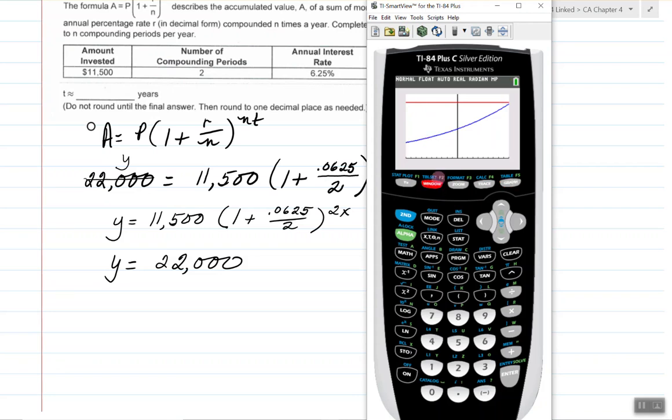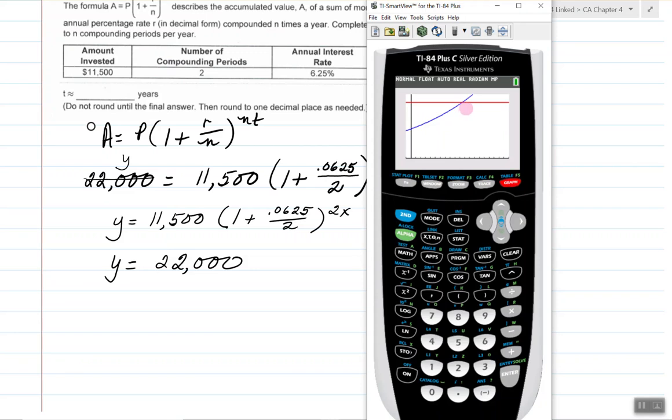Almost. Over here, I don't need -10. I'm just going to do -1. But I need to go further out. I'll go to 20. Get a slightly different view. There it is.